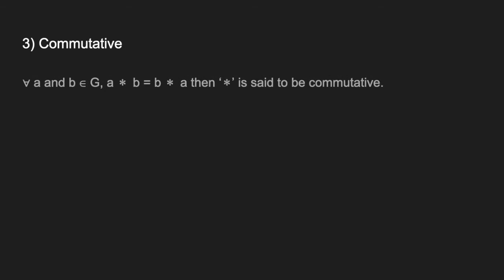The third, commutative. That is, if for every A and B belonging to G, A star B is the same as B star A, that means we can change the order. Then star is called commutative. Next one is identity.